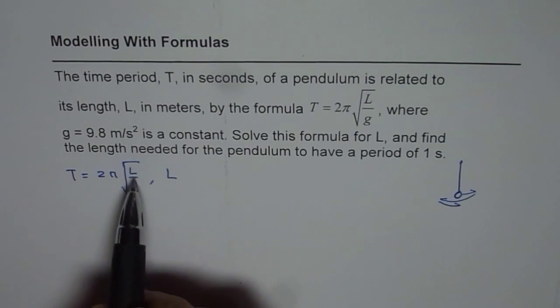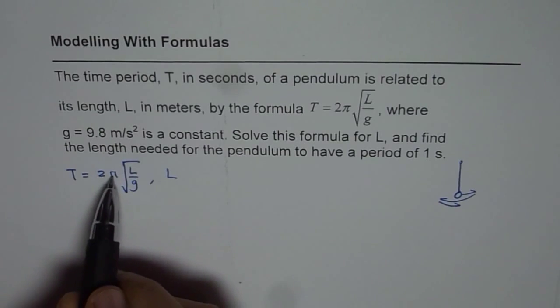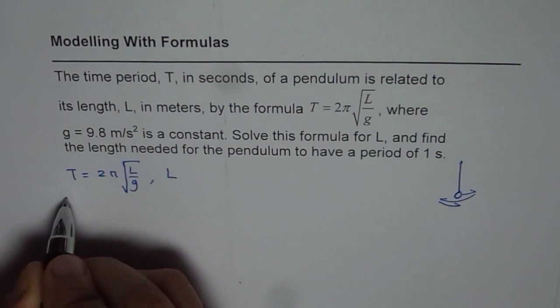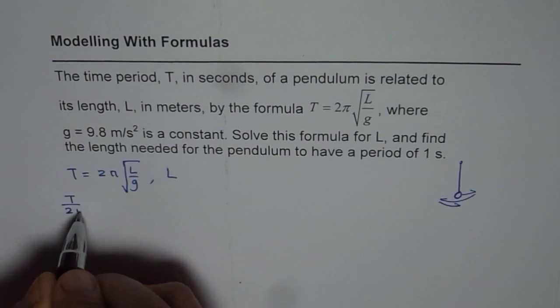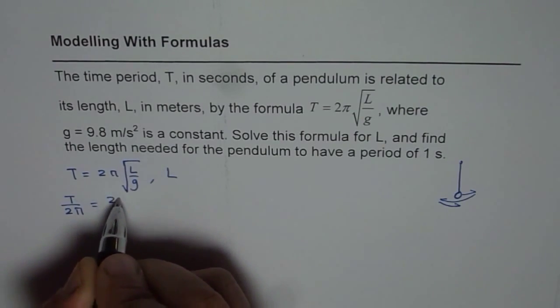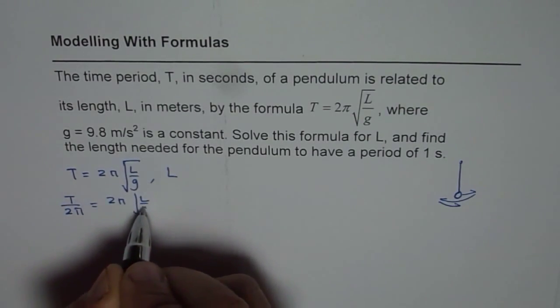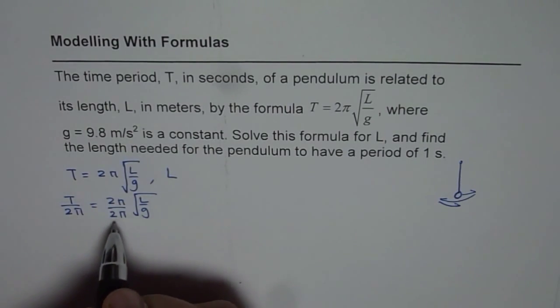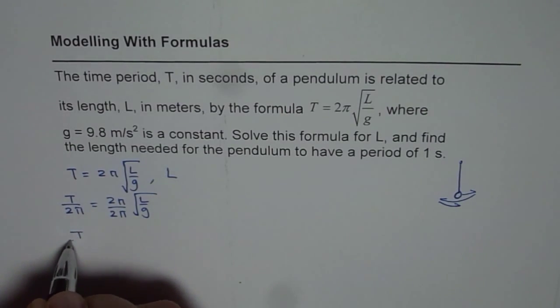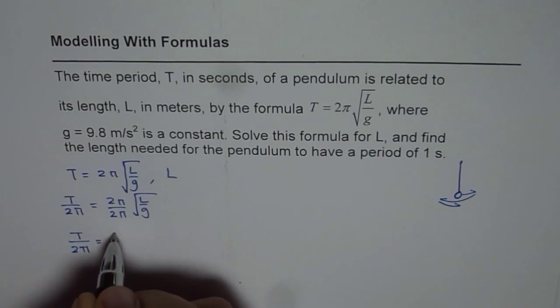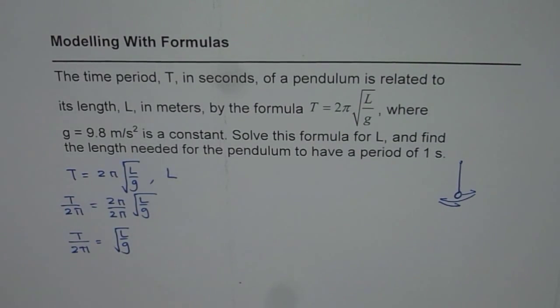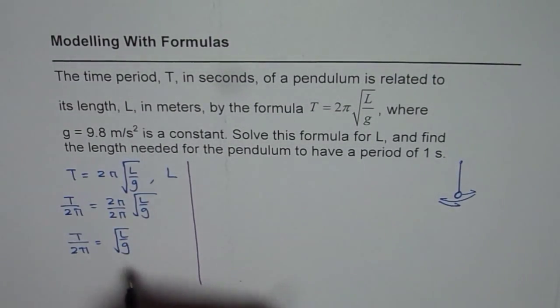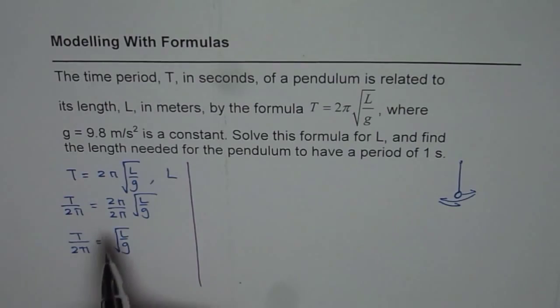Okay, to isolate L, we need to first divide by 2 pi on both sides. So we get T over 2 pi equals 2 pi square root of L over G. So we are dividing by 2 pi on both sides. Now 2 pi divided by 2 pi is 1, so we can write this as T over 2 pi equals the square root of L over G. Now we need to isolate L, so we can square both sides so that we get rid of the square root.